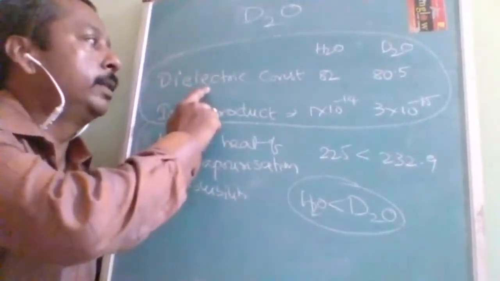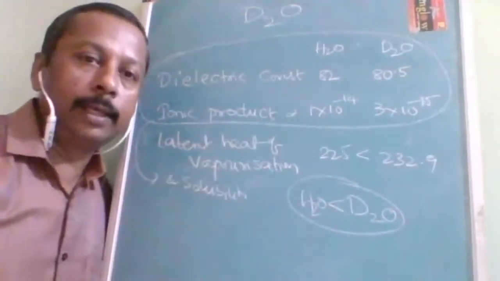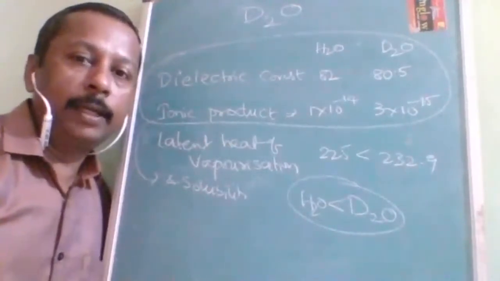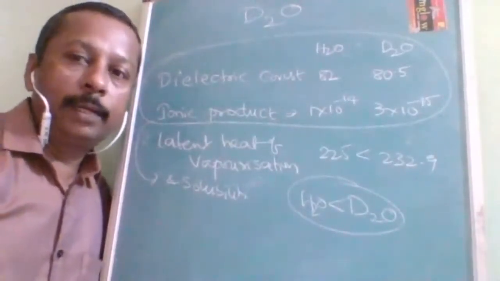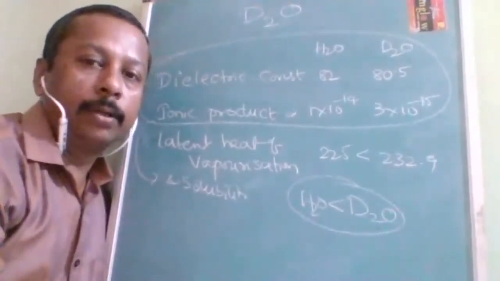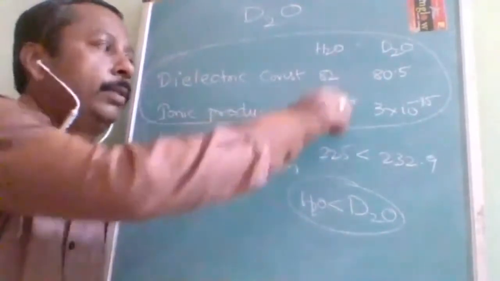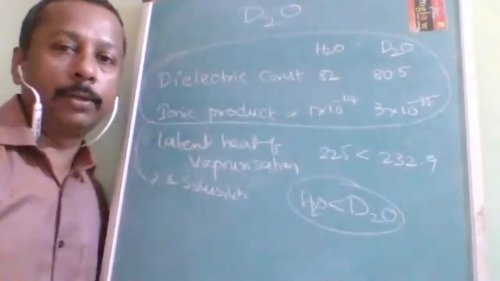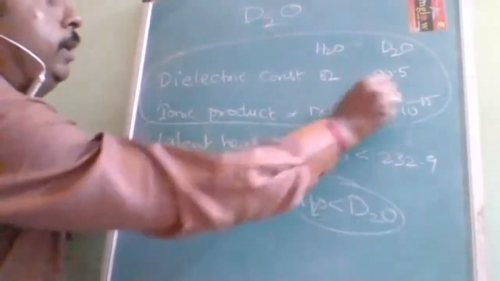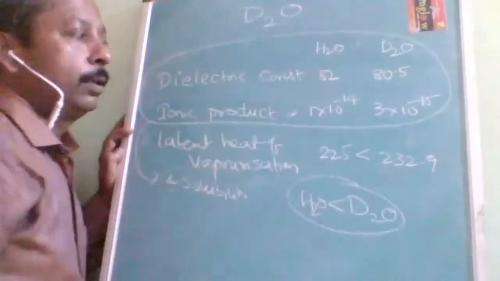The first property, which is less, is the dielectric constant. This is an old question and this time also it may be repeated, in this weekend exam or any future exam, be it Mains or Advanced. In Advanced they want more than one correct answer, so they may give these values in that format. So the dielectric constant of D2O is less than that of H2O. In the same way, the ionic product of water.